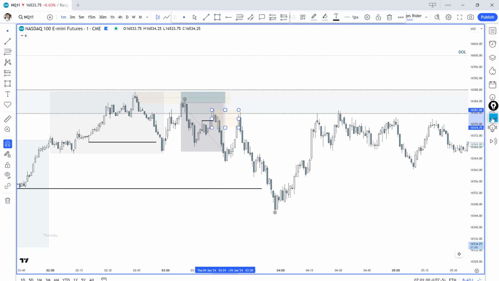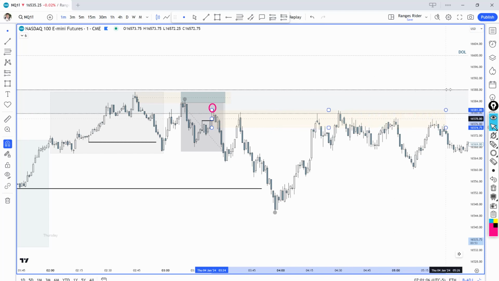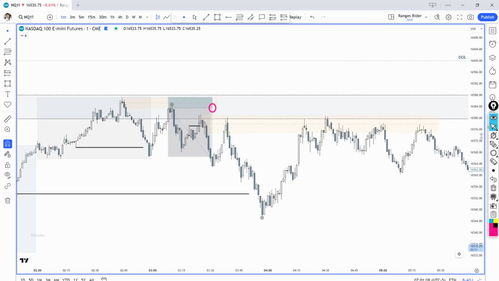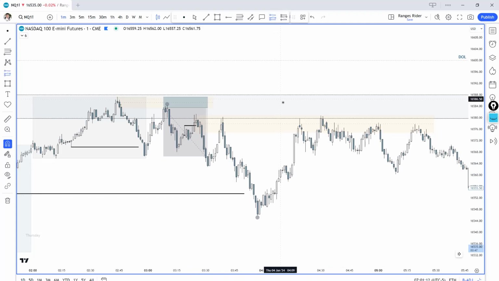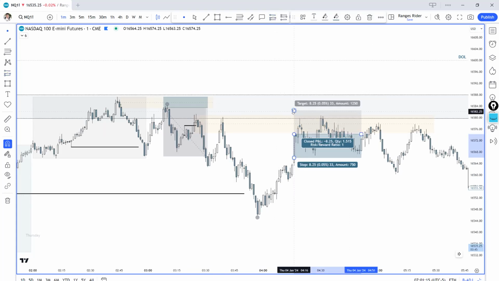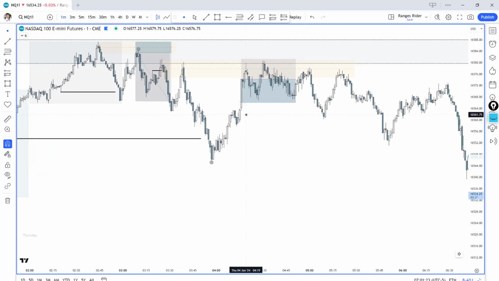I know the fact that this is the protected high. That's it. So in any case, my stop loss is going to be above that protected high. So I just enter here and stop loss is above protected high. 7 multiplied by 3, $21 risk only per contract.